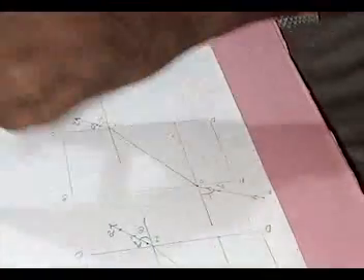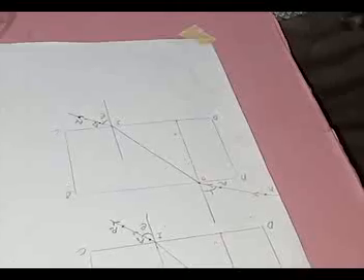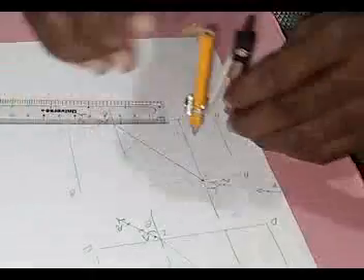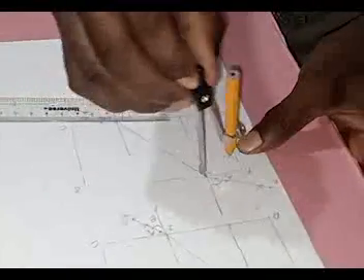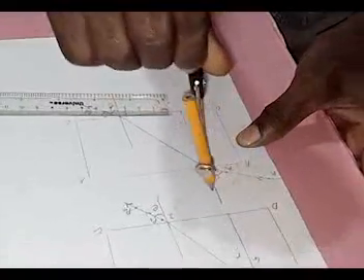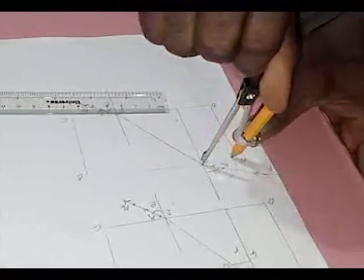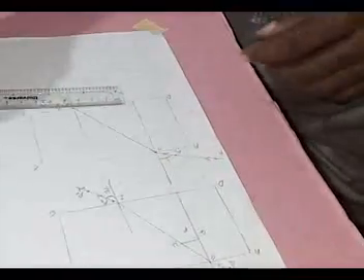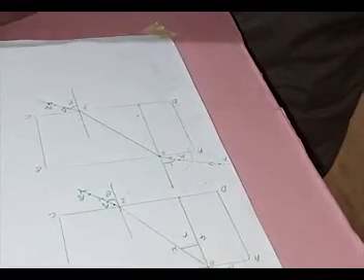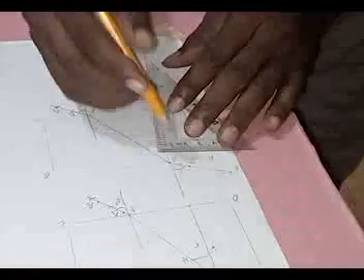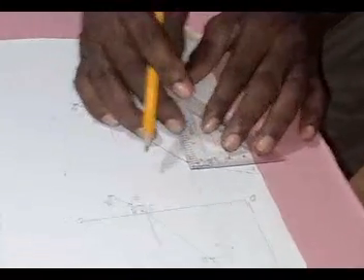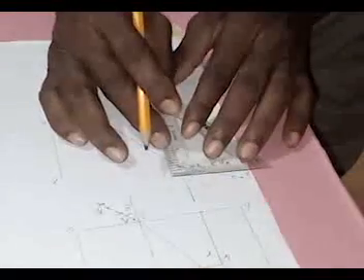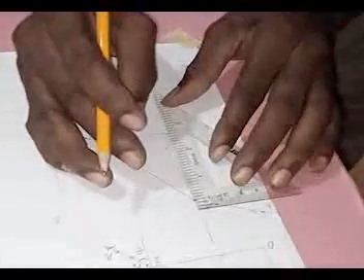Now use radius of 2 centimeters to draw a circle and make the point O. Put the tip of the compass at point O. Now join the point at which the ray of angle of incidence touches the circle to the normal.